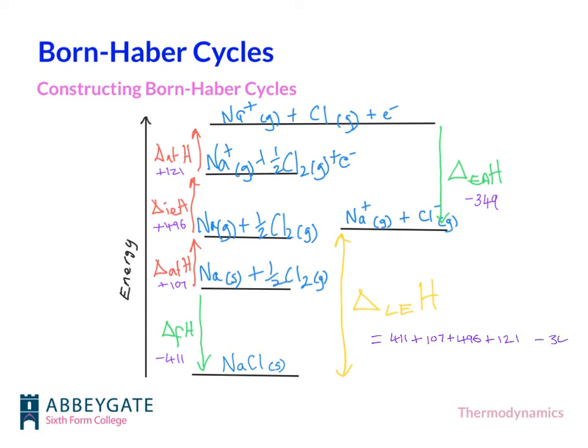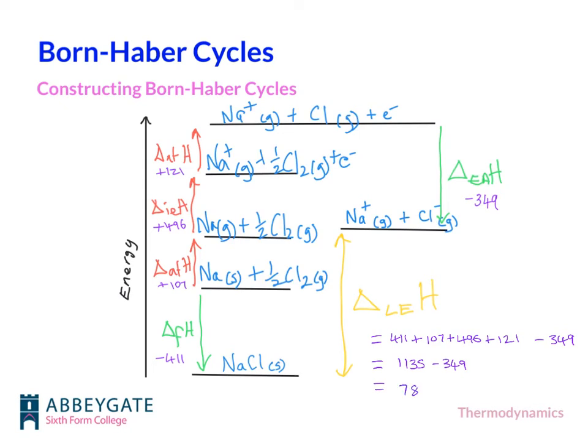Now you'll see I've put on all the values for the different enthalpy changes going around the cycle. So we can show how the lattice enthalpy is worked out by just adding up everything on one side and taking away the coming back down the other side. So we can see that our 411 and the 107 and the 495 and the 121 add up to 1,135.